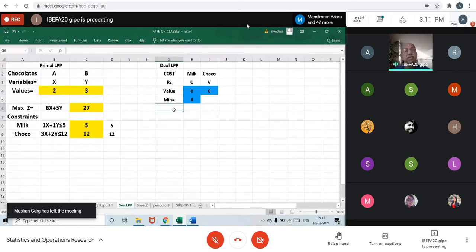Now there are two constraints here because the mix of milk and chocolate will be used.